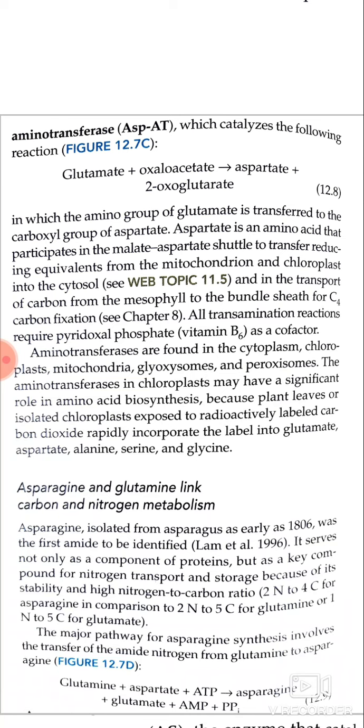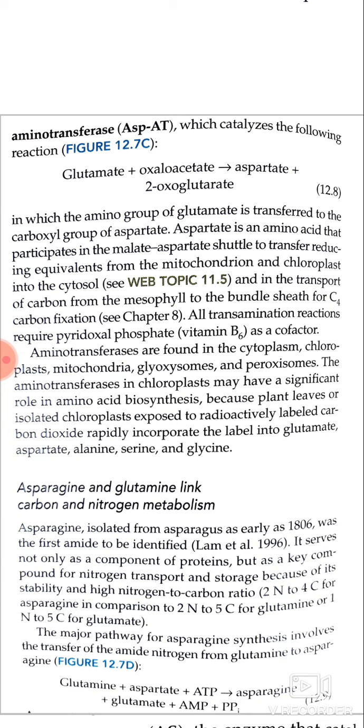All transamination reactions require pyridoxal phosphate, which is vitamin B6, as a cofactor. Aminotransferases are found in the cytoplasm, chloroplast, mitochondria, glyoxysomes, and peroxisomes.